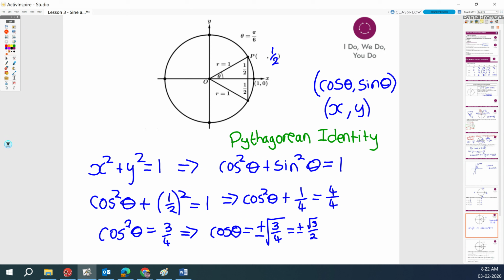Now lastly, we must consider which quadrant we're in. Which quadrant are we in? We're in the first quadrant. In the first quadrant, sine and cosine are positive. So this is quadrant 1.